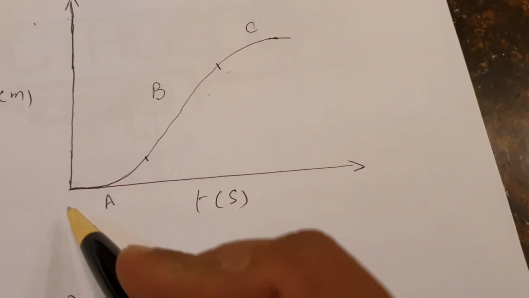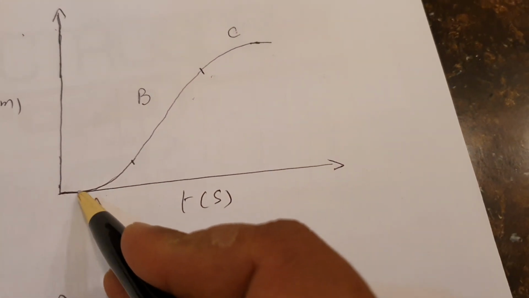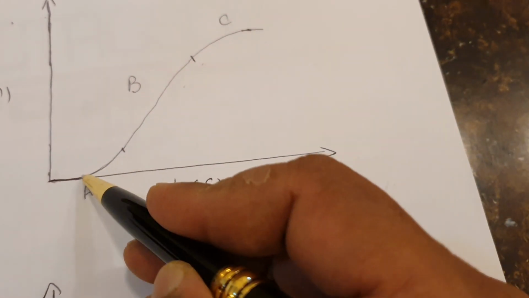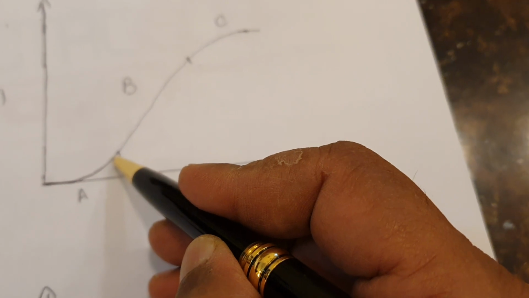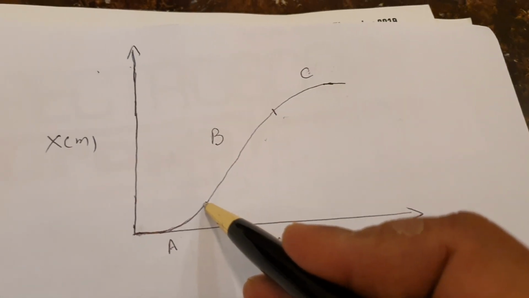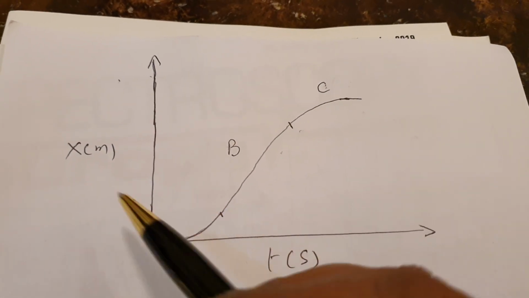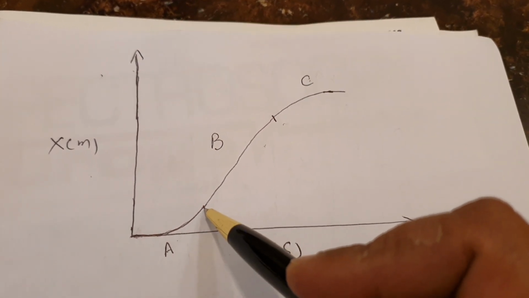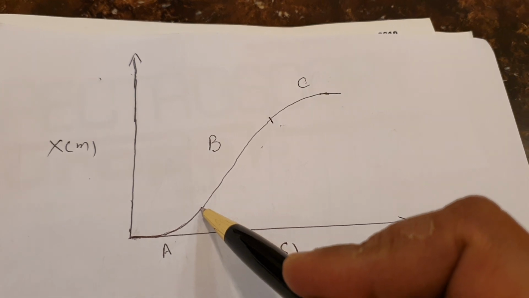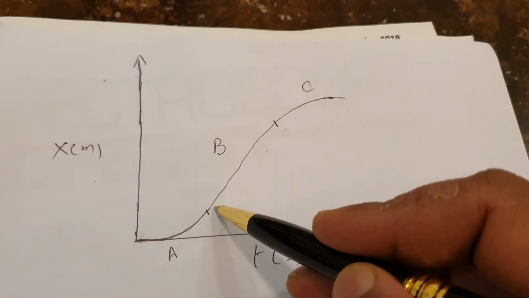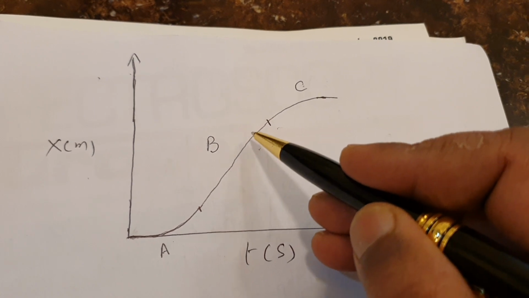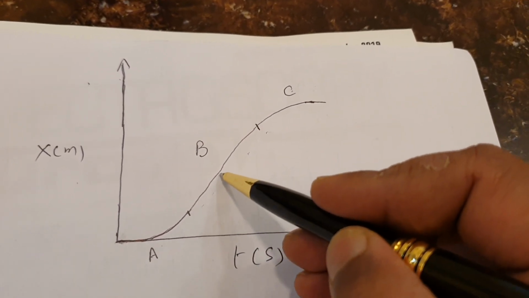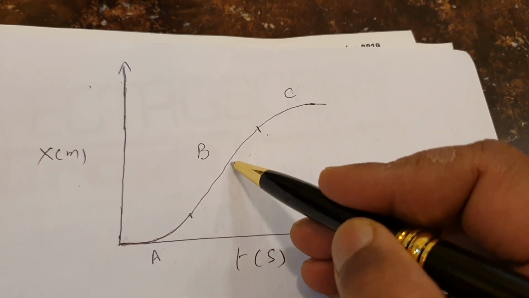Yeah, so here in this part we see we have a flat line. That means object was at rest, and then slowly its velocity started to increase. In what direction? We have positive x-axis here, so that means object is moving away from the origin towards positive x-axis. And in part B, velocity continues to increase up to a certain point, and the object continues to move towards right hand side with a constant velocity.